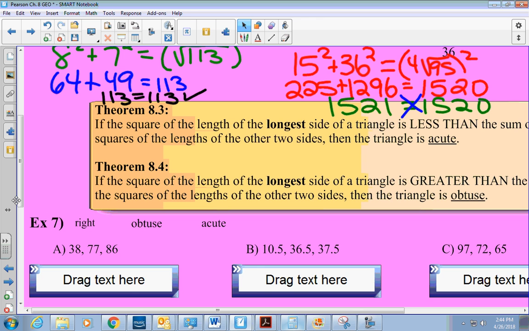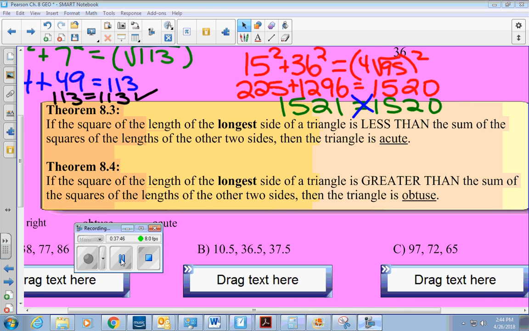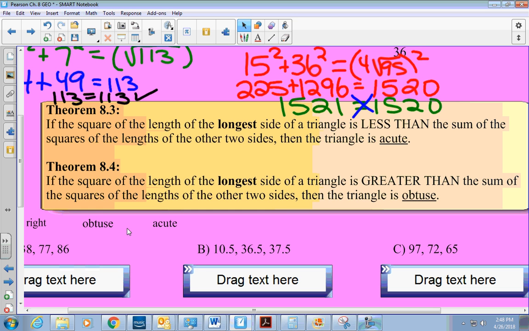Look at this. There are 3 options when you have the side lengths of a triangle.